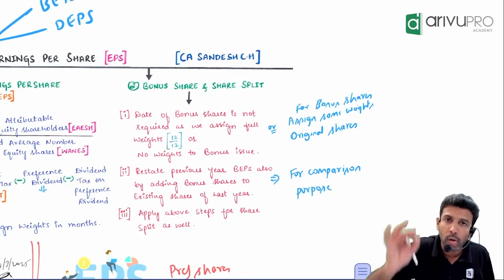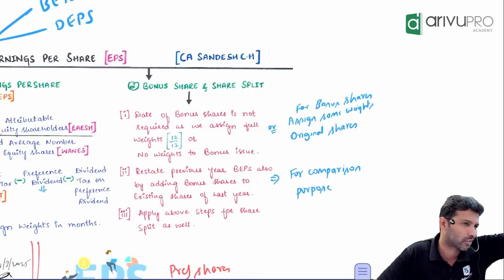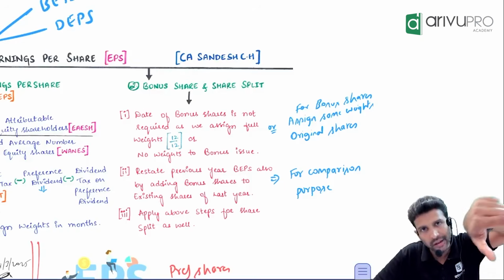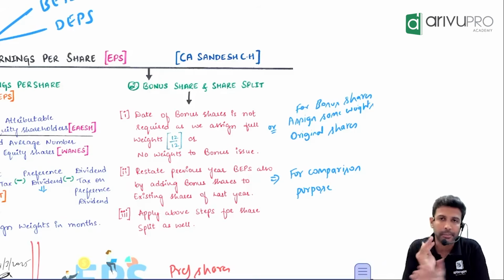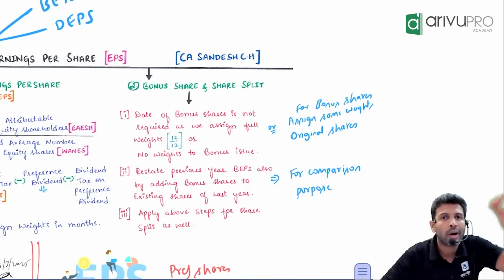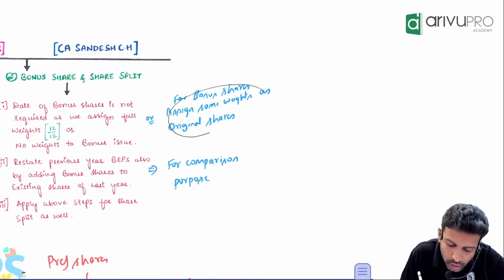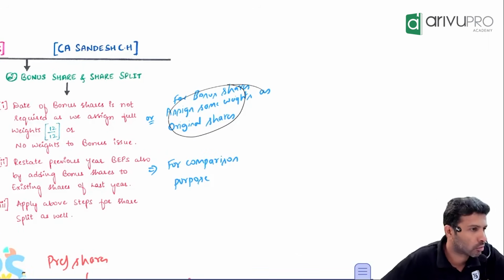Why? Bonus shares are given to existing shareholders at free of cost. Hence a better linkage is, since bonus is linked with original, whatever weightage you give on original shares, give the same weightage on bonus shares. That is a better approach.